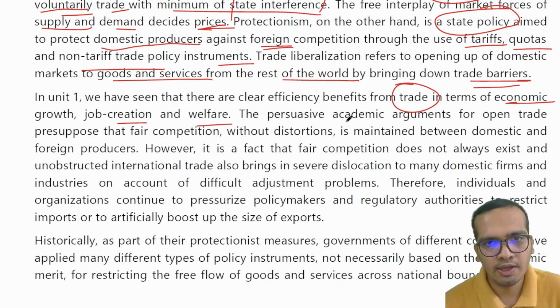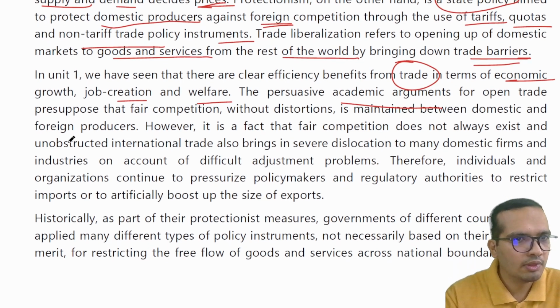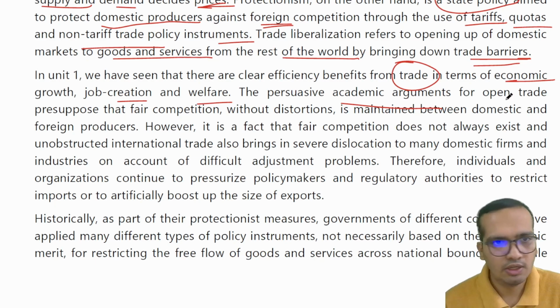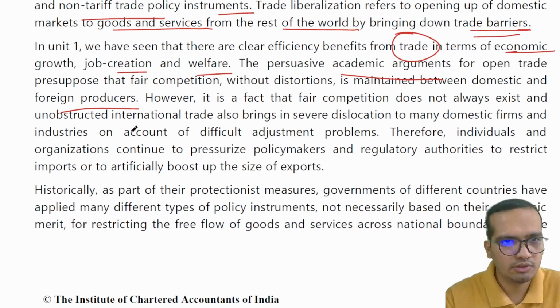The persuasive academic arguments for open trade presuppose that fair competition without distortion is maintained between domestic and foreign producers.